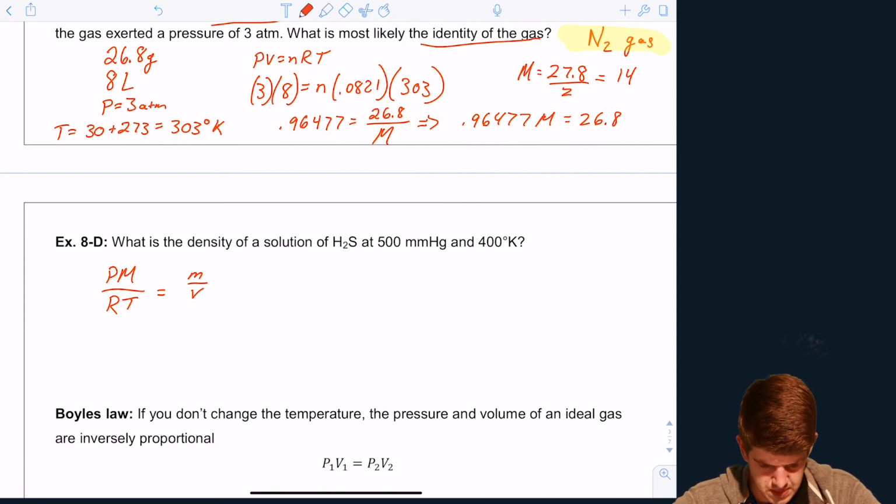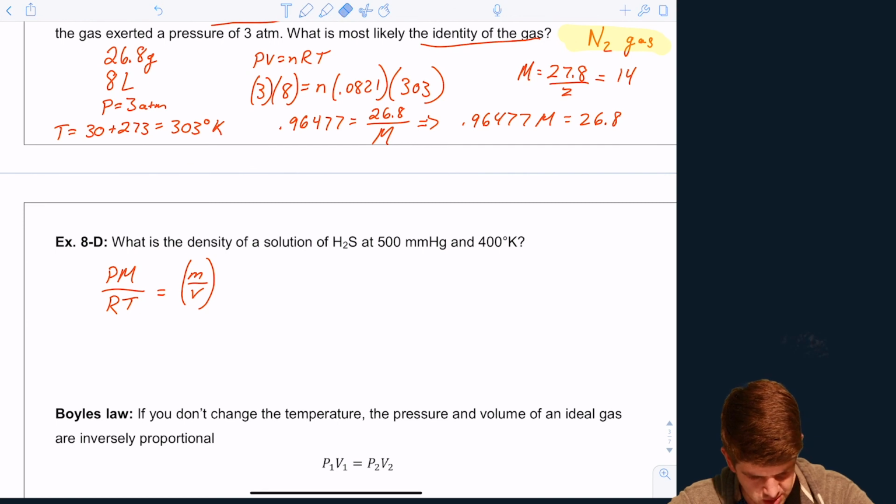So what is our mass? Well, actually, it doesn't matter. This is all density, so we're trying to find density. All we care about is the pressure, molar mass, R constant, and T. So what's H2S? Roughly 32 plus 2, so 34 for our molar mass.